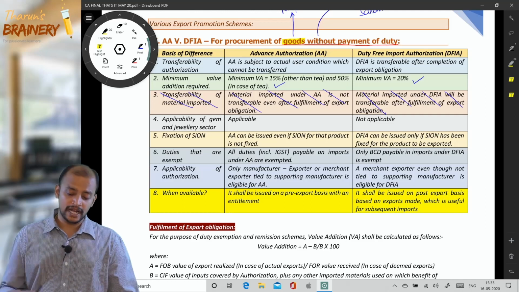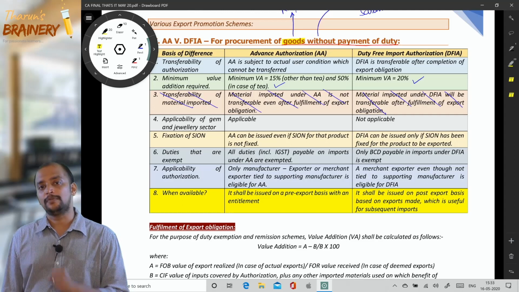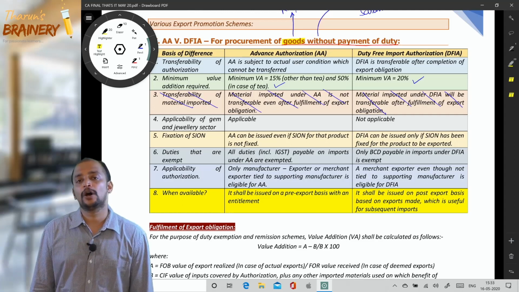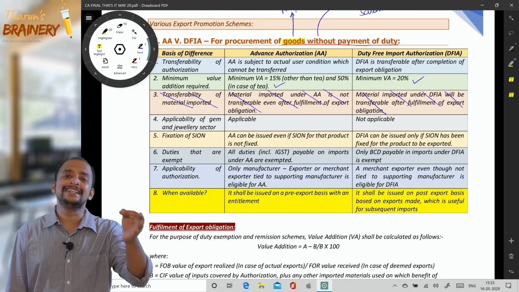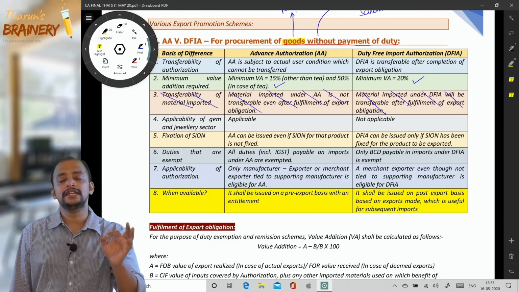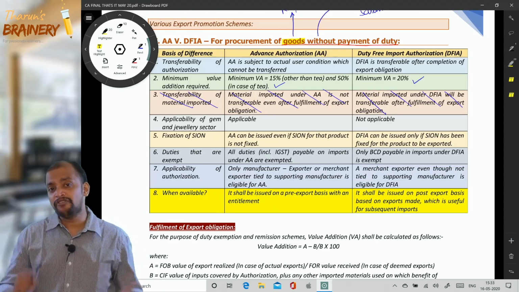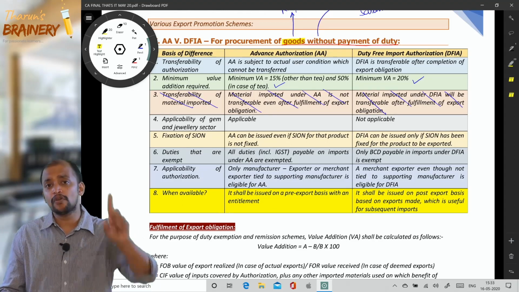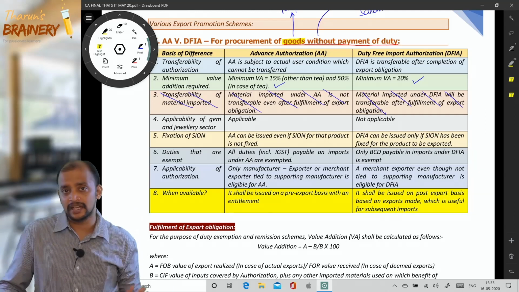Then there is something called standard input-output norms. What are the standard input-output norms? For every unit of output, how many units of material are required is known as standard input-output norms. If SION is fixed for your industry, then only you can go for DFIA.